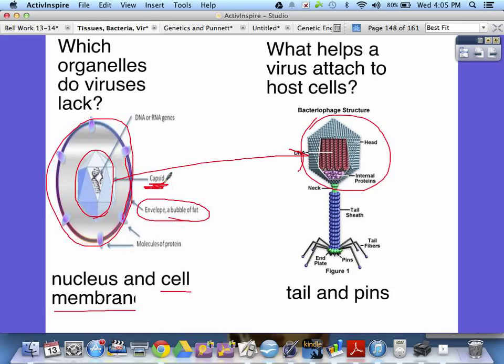It stays like this until it's ready to attack, and then it removes the bubble of fat, exposes the capsid, and is able to then reattach to the cell. They also lack a nucleus because they just have their DNA inside of what we call the capsid, which is kind of like the nucleus of it, but it's not an actual nucleus.